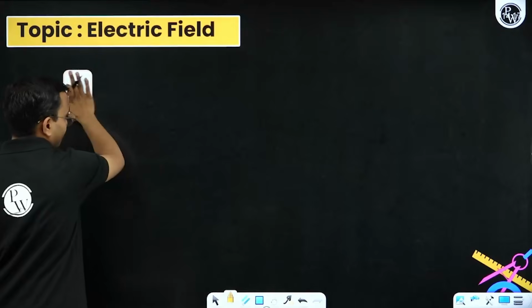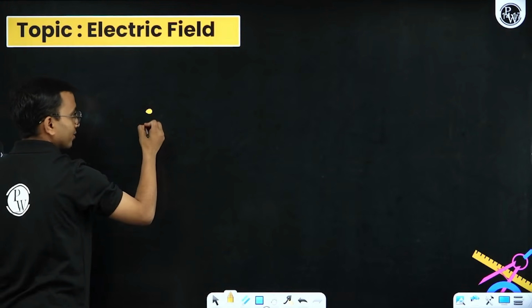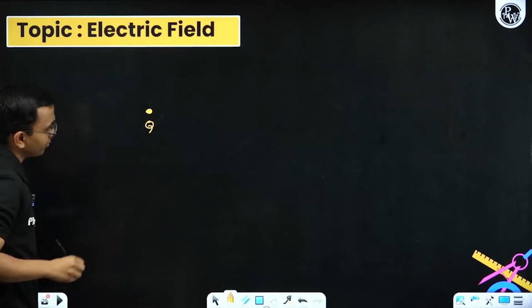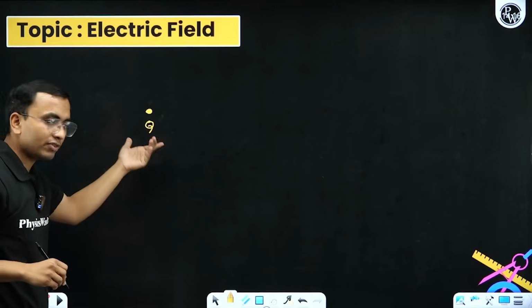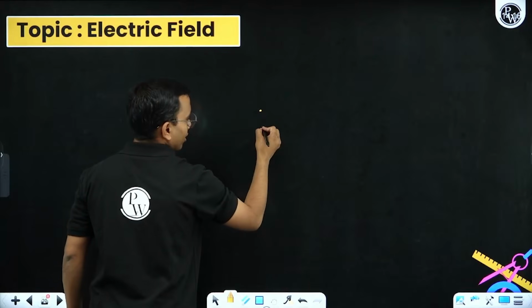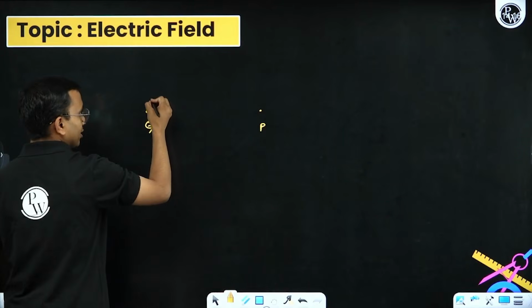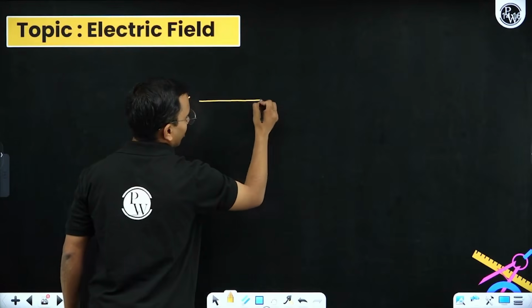Now, how do we define electric field? Let us take this is a charge Q. Now I have to find the electric field of this charge at a particular point P, and the distance is R. How much is the field?